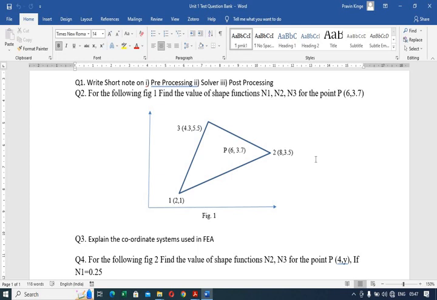A simple one-dimensional bar element you can consider for explaining these 3 coordinate systems. The figure will generally carry 1 mark and the explanation in 1 to 2 sentences will carry 1 mark. So total 2 marks for one coordinate system, and the maximum marks for this question can be 6 marks.